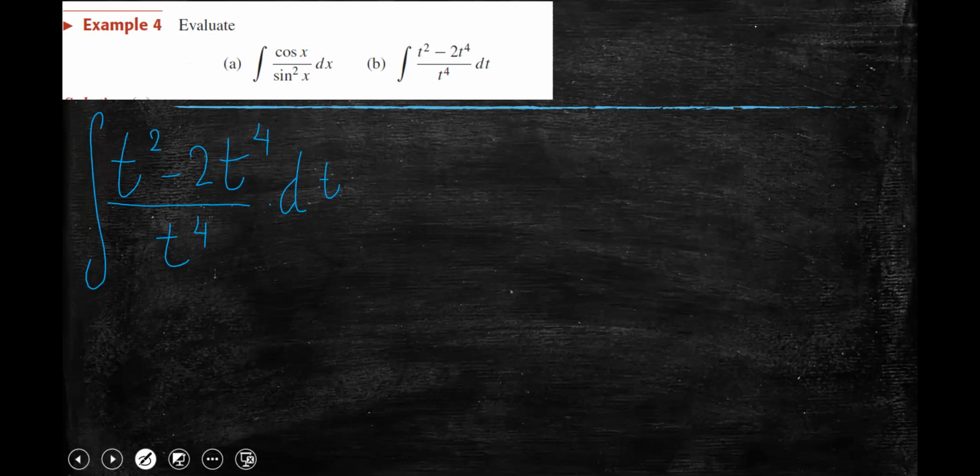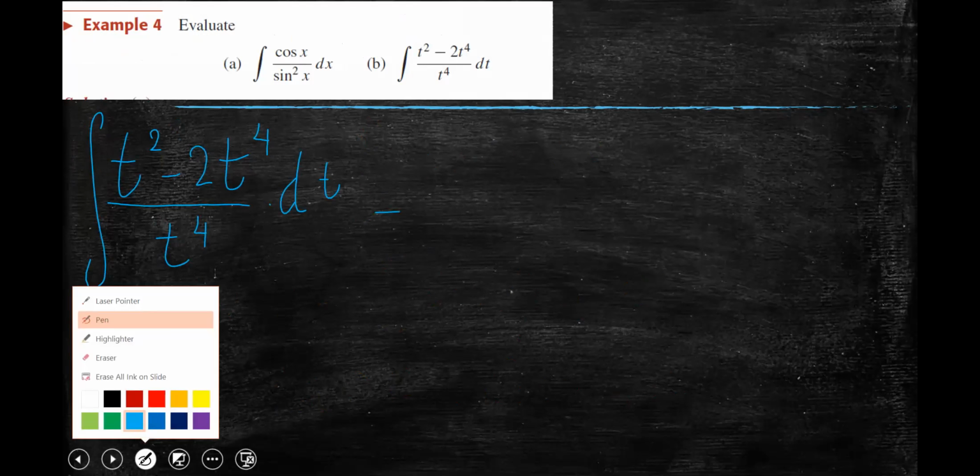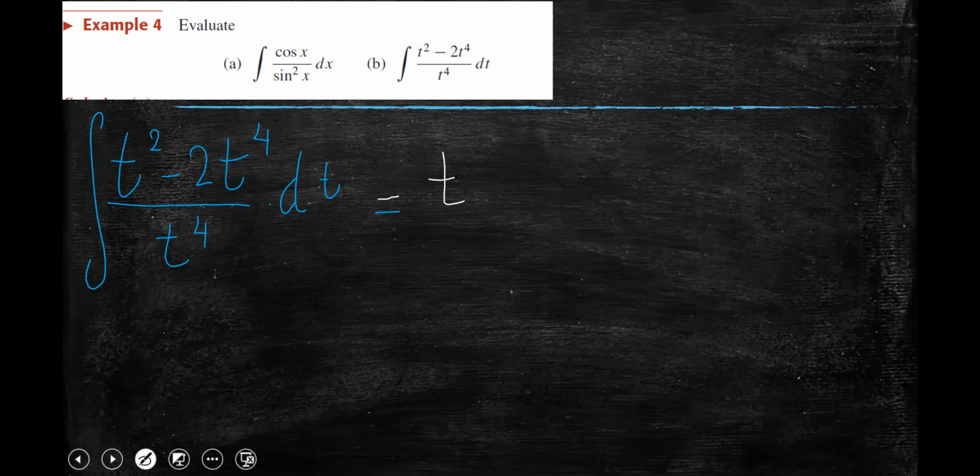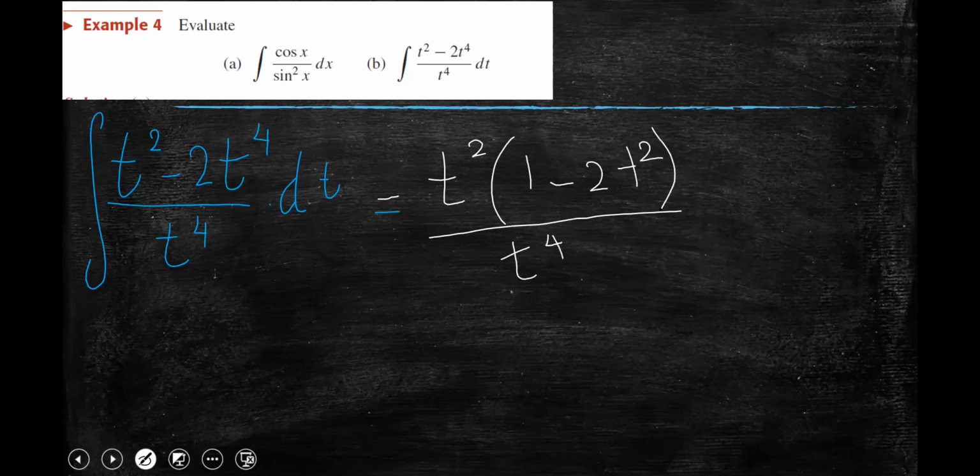So now, let's take t squared as a common factor. I have to simplify it. How? Take t squared as a common factor. So what do we have? 1 minus 2 t squared over t to the power 4. Is it right? I take t squared as a common factor. Then let's simplify. All of us know that t to the power 4 can be written as t squared times t squared, because the exponents can be added.